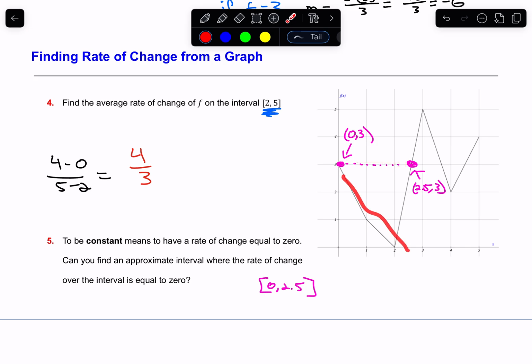You lost some puppies. Sorry, that really sucks. Maybe you were raising the puppies though and had them get adopted. And then now you got 3 more puppies. And so on this interval, 0 to 2.5, you lost and gained puppies, but in the end, the result is that you have the same number of puppies you started with. You went from 3 to 3. And so that is a constant, okay, because you have the same number you started with.